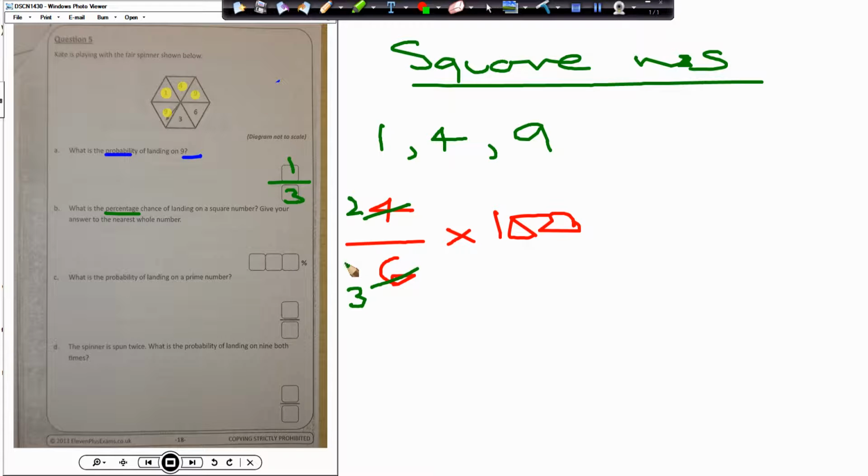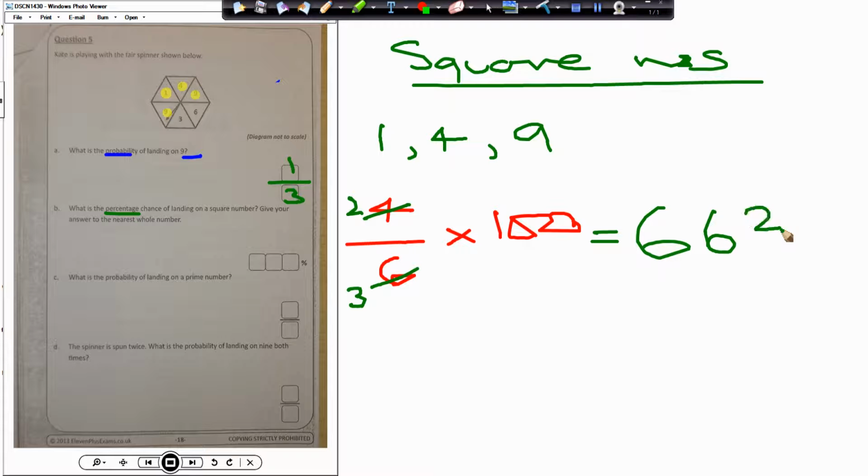So we get 2/3. Now we should all know that 1/3 is worth 33 1/3 percent recurring. You should know that's a fact. So 2/3 is going to be double that. It won't be 33 1/3, it will be 66 2/3.